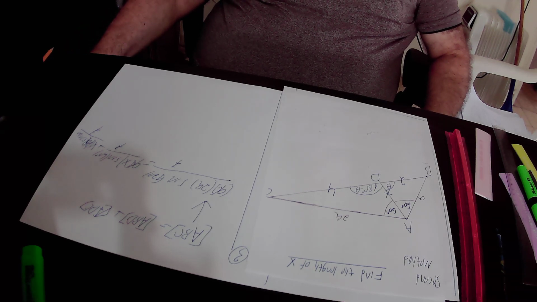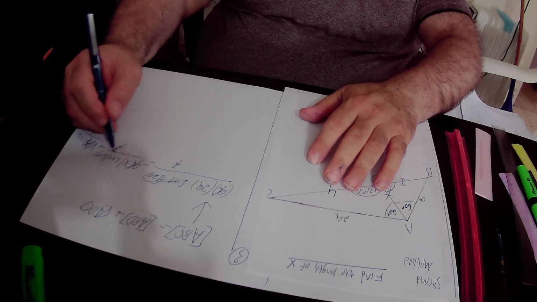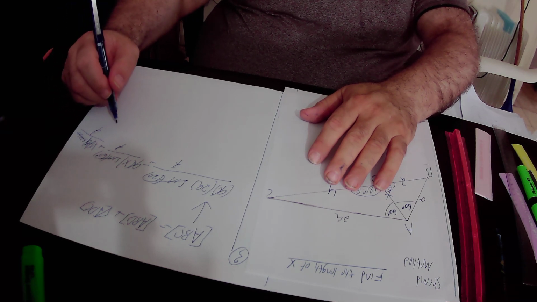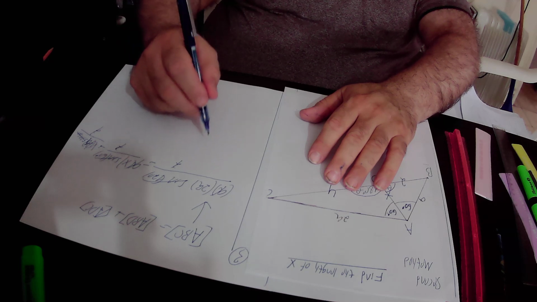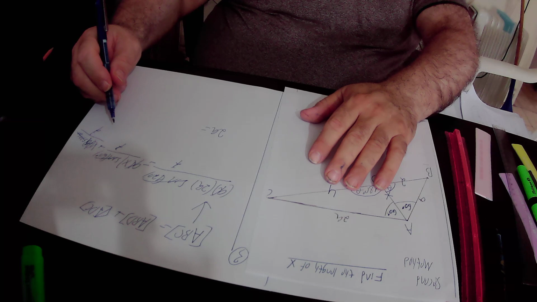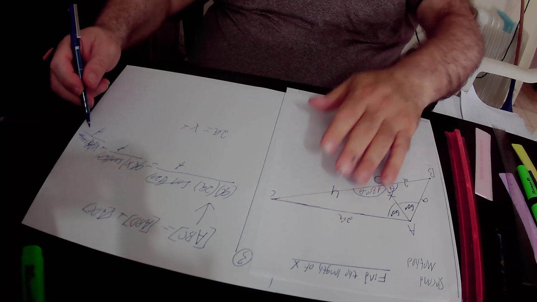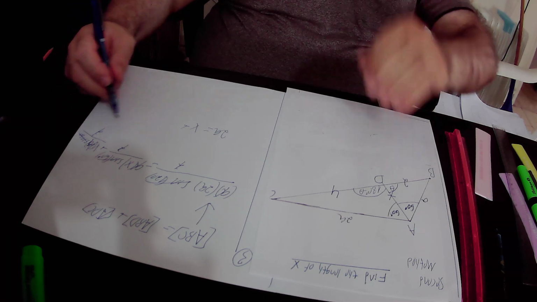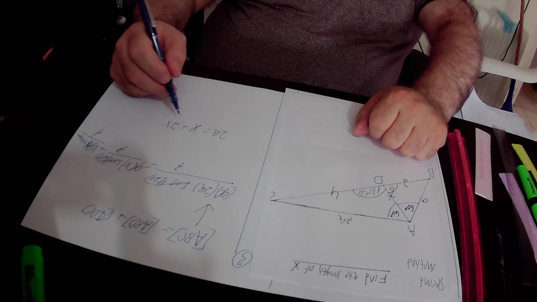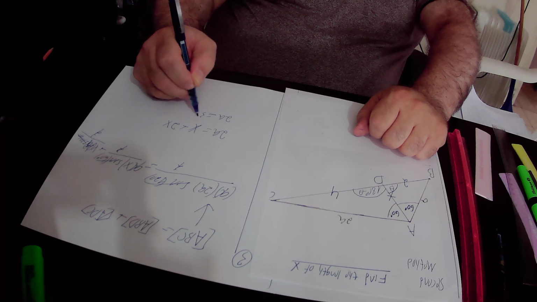Therefore, sine 60 degrees will also get cancelled. What is left after we cancelled all the variables is 2A on this side of the equation, which is equal to X plus 2X. So, in conclusion, 2A equals X plus 2X, which is 3X.